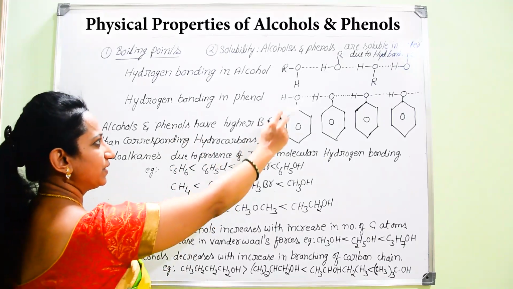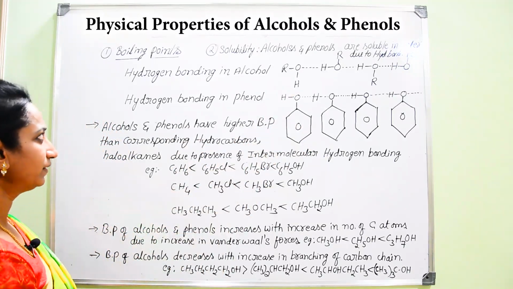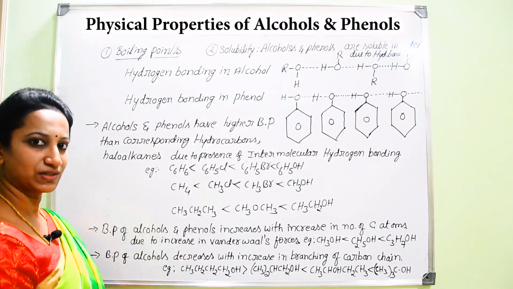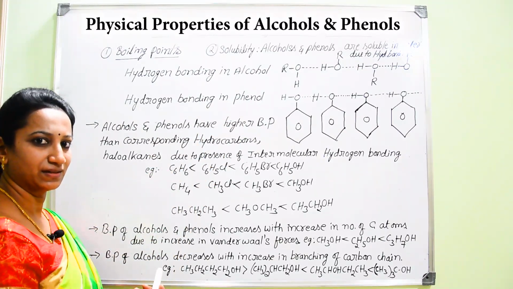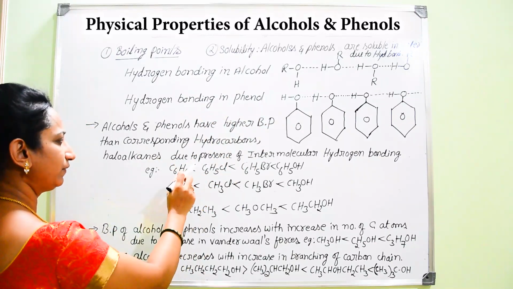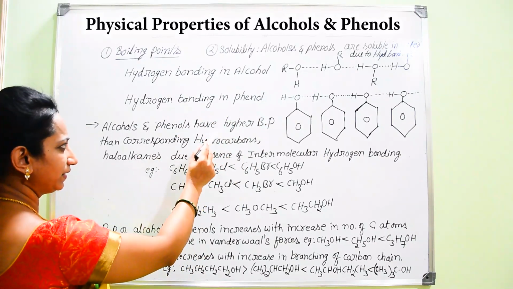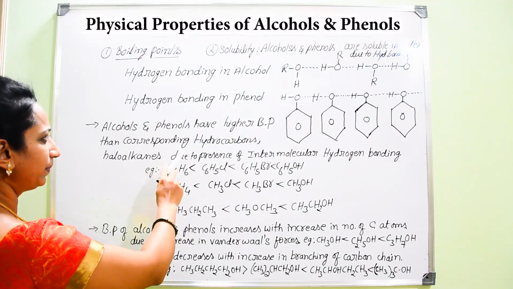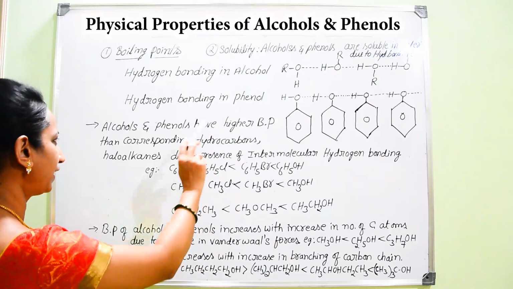Because of the presence of intermolecular hydrogen bonding, there is an increase in molecular association and in the forces of attraction between them. Therefore, they have higher boiling points compared to the corresponding hydrocarbons or haloalkanes.